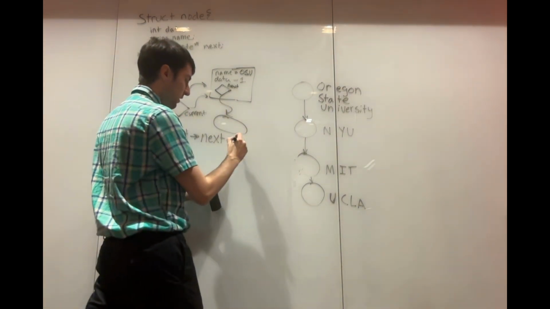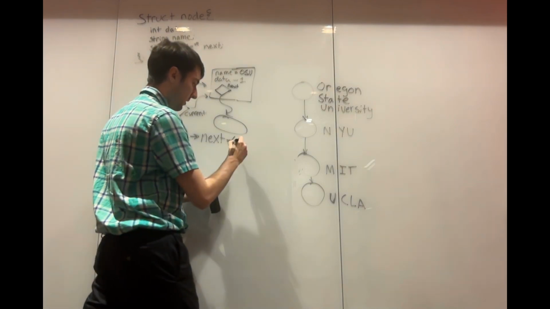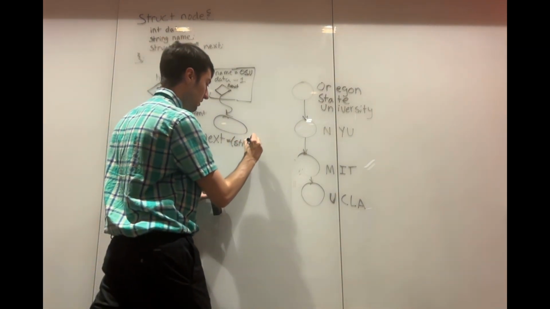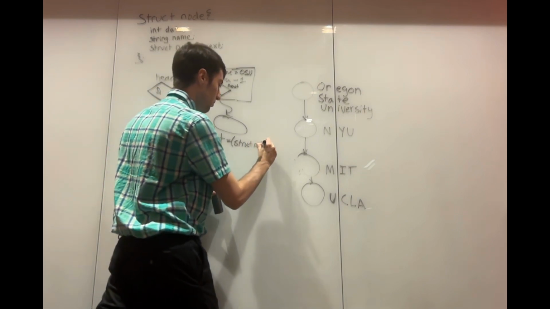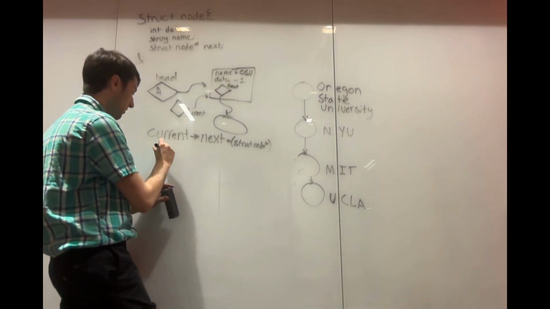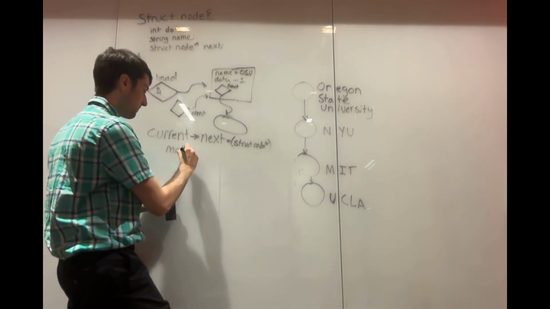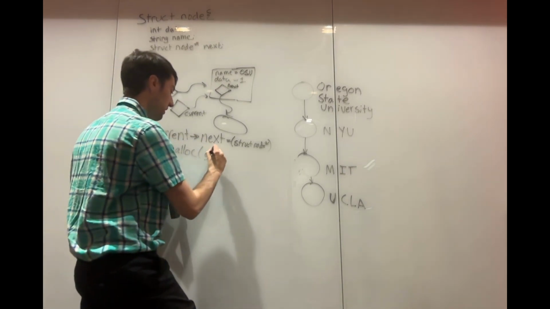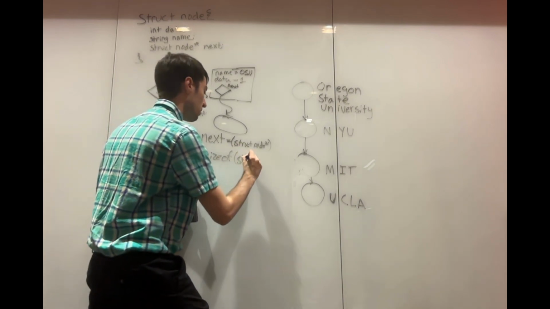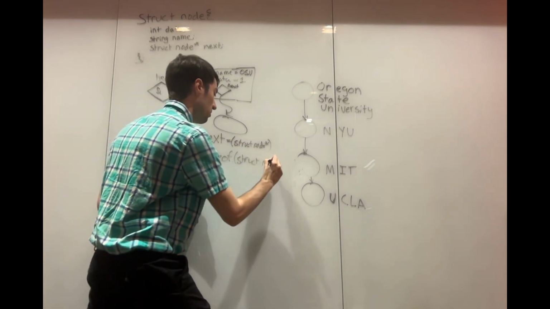You have to have a pointer, so struct node pointer. You have to do that casting, and then malloc sizeof struct node.